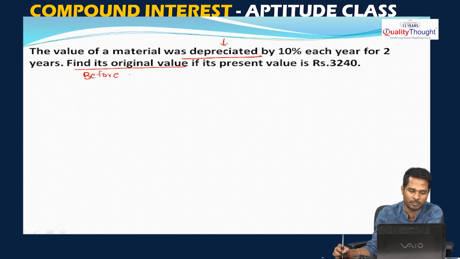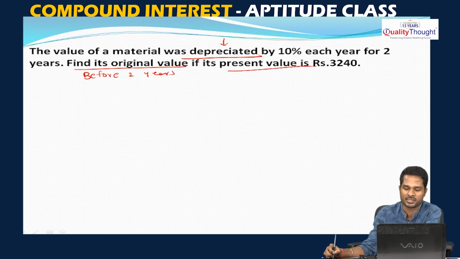After 2 years, the present value is 3240. So what was the value before it was decreased by 10% each year?